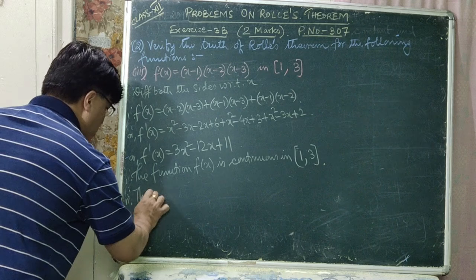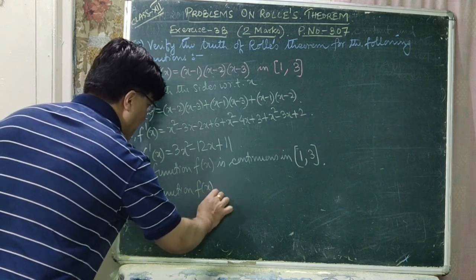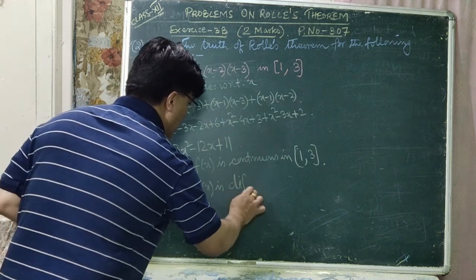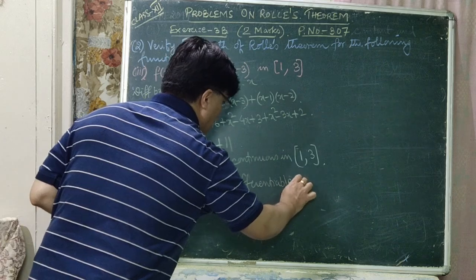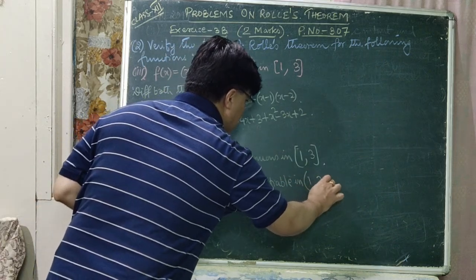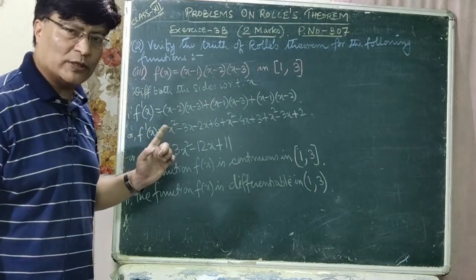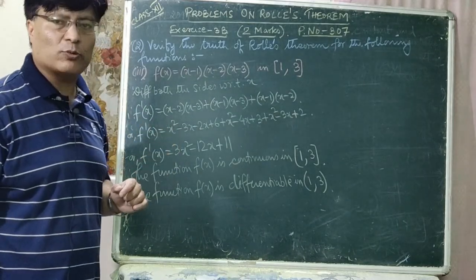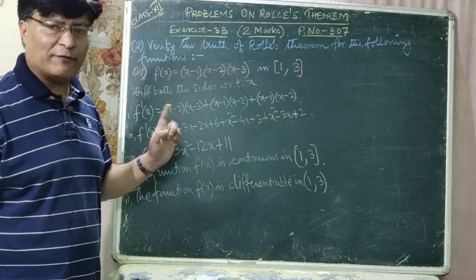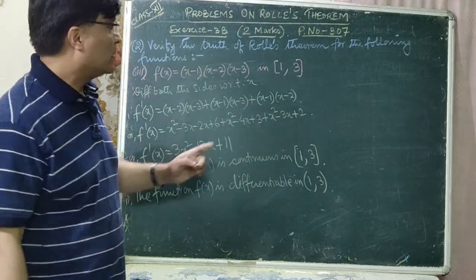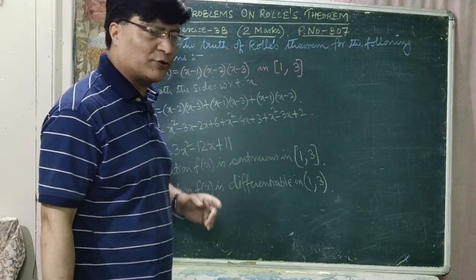Again the function f of x is differentiable in the open interval, that is within first bracket. Open interval is written within first bracket, that is within first bracket 1 comma 3. And you have to show that f of a is equal to f of b. That is f of 1 should be equal to f of 3. Here a is 1 and b is 3.